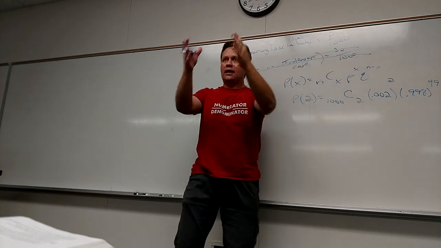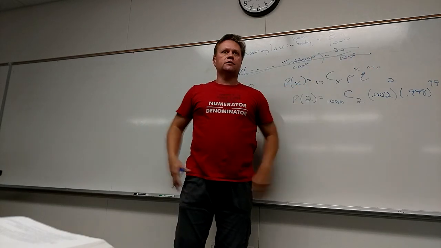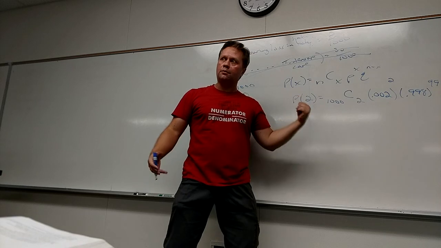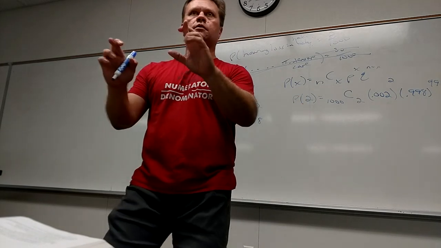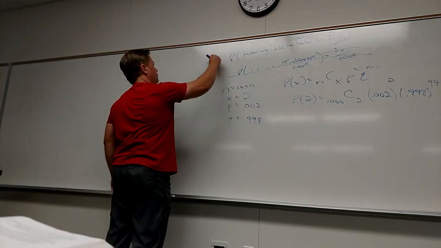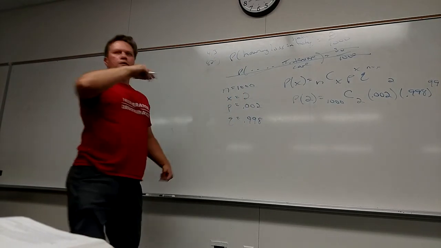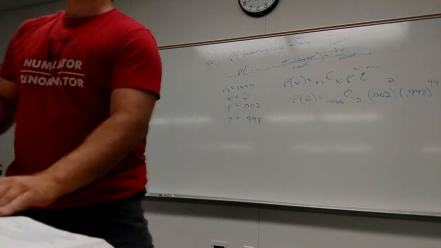The probability that I get 2 babies when I look at 1,000 babies that have hearing loss. That's more complicated. So again, that was number 82 in chapter 4, 4.3. If you haven't done that one yet, a little preview basically did it for you.